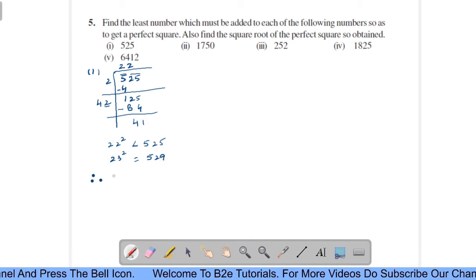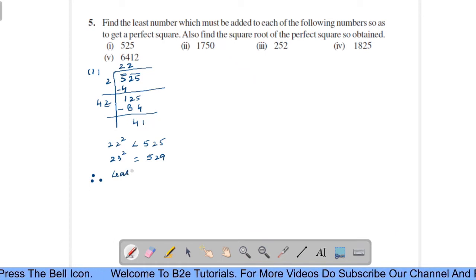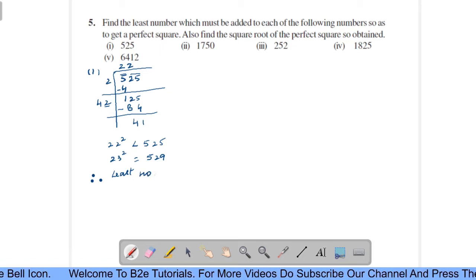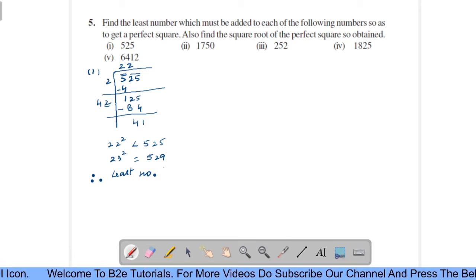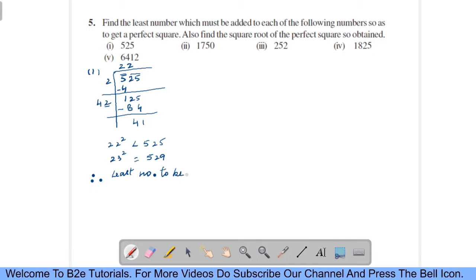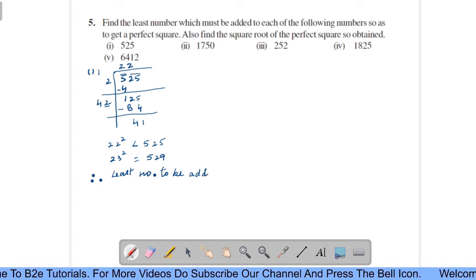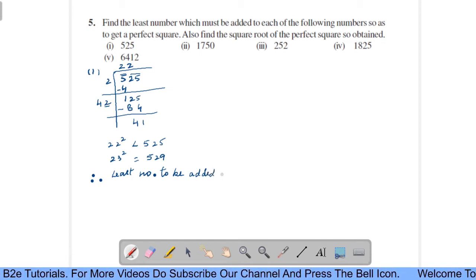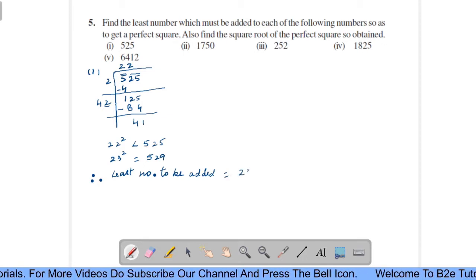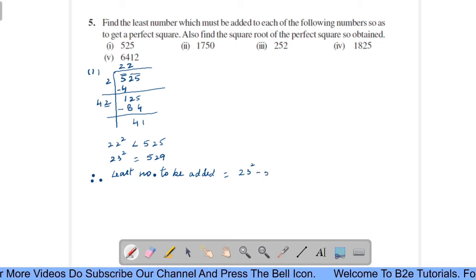Therefore, the least number to be added is equal to 23 square minus 525.